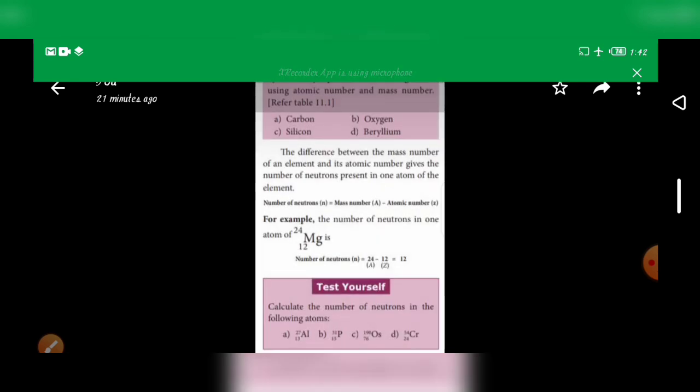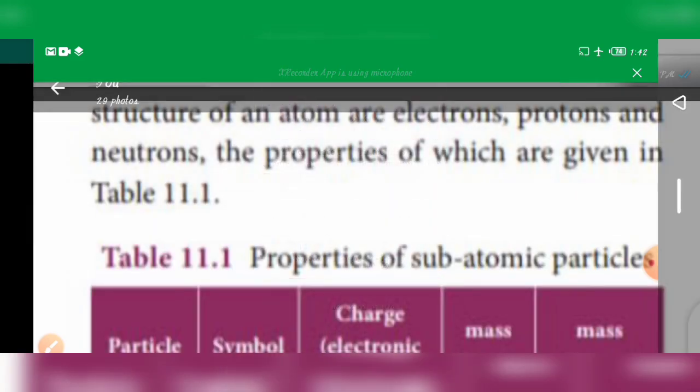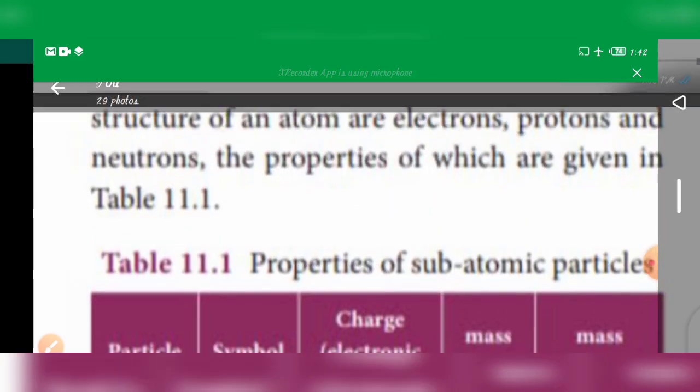This very important number is known as the atomic number. The proton number is given the symbol Z, I already told you. The mass number, you know very well, is written as A. Okay, next we go here. See here, they have given some examples for you.